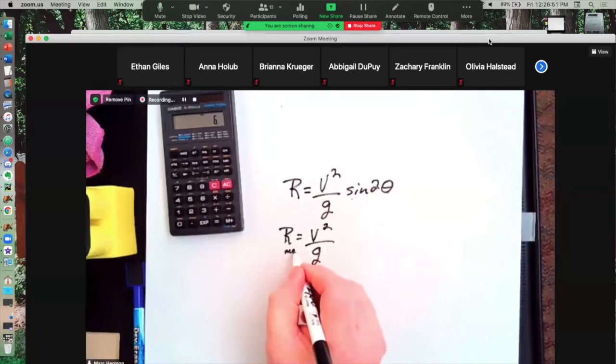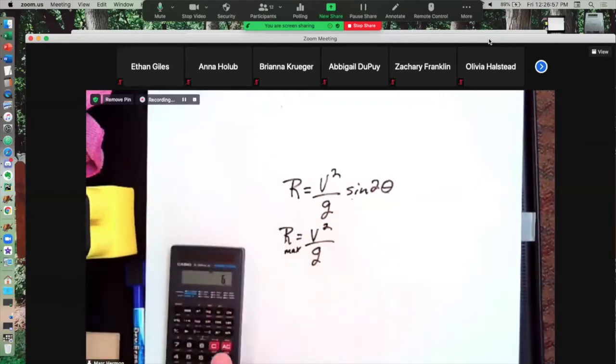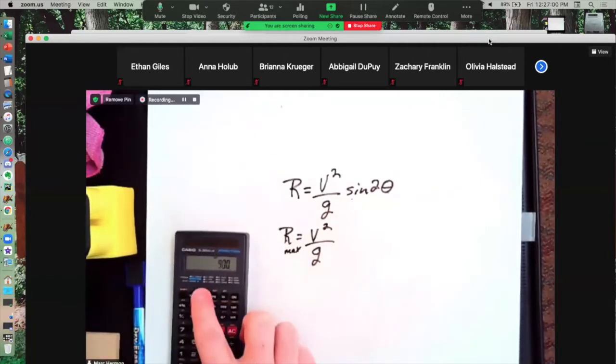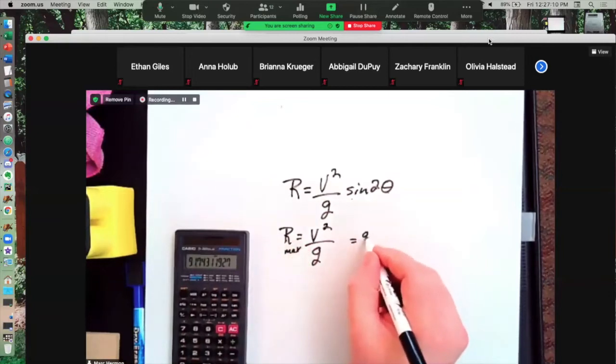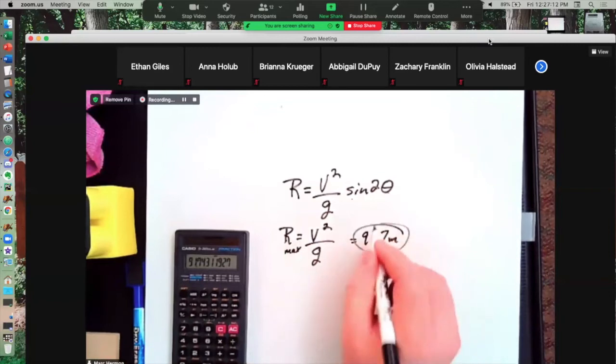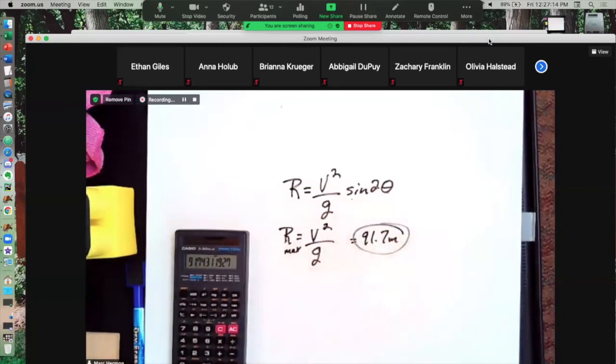Of course, you need to know that you're shooting at 45 degrees to get that maximum. So we're going to do 30 squared divided by 9.81, and we're just using positive 9.81 because there's technically a negative in the front of this. And I get like 91.7 meters should be the farthest I could shoot this thing.